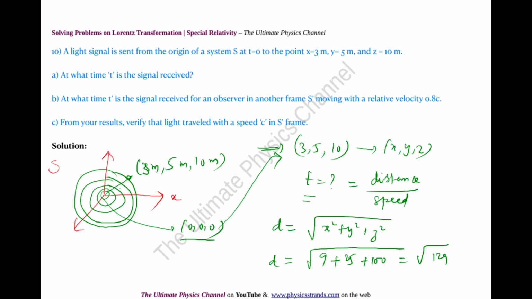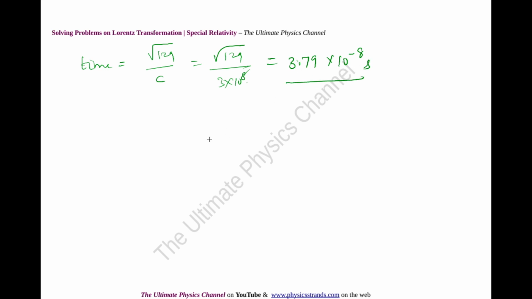So we can say that our time for light travel is equal to root 129 over the speed c. So that is root 129 over 3 into 10 power 8 meters per second. If we do that, we get the answer in seconds. So if we do this calculation, we get 3.79 into 10 power minus 8 seconds that light takes to travel from 0, 0, 0 to 3, 5, 10.